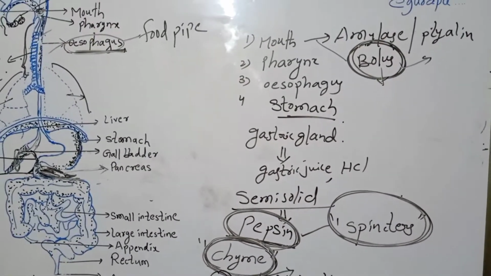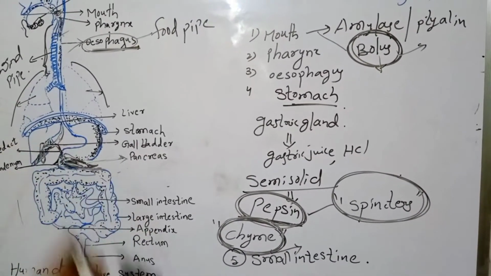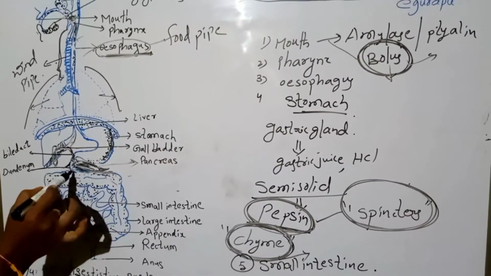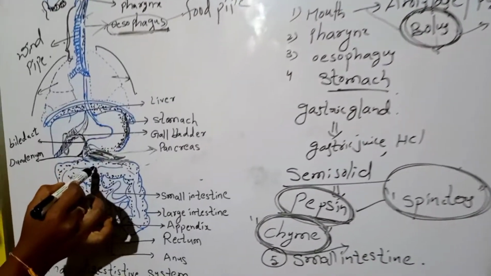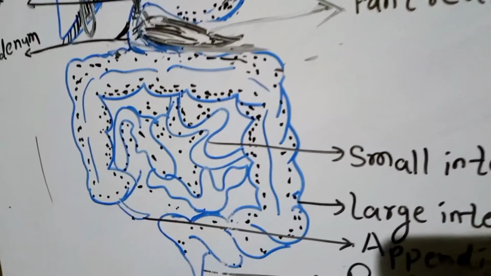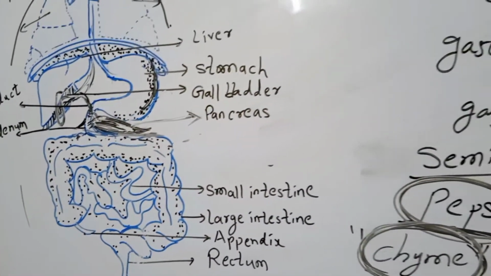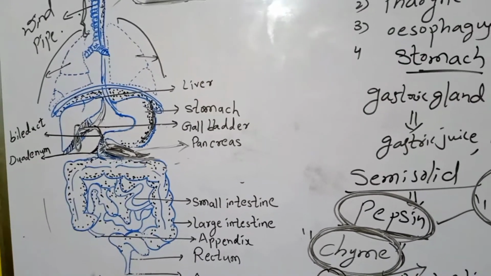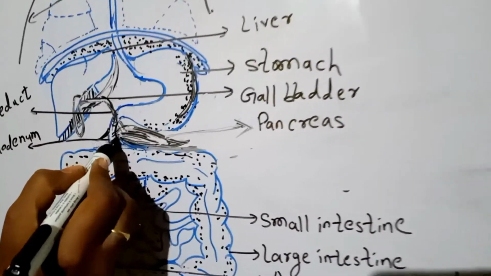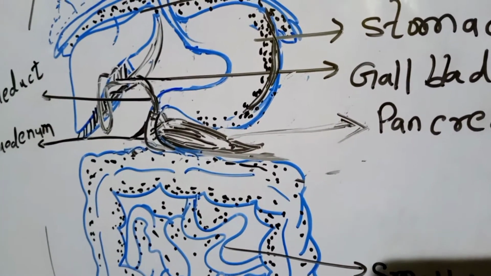The small intestine is the longest part of the alimentary canal. See children, this is the small intestine. This is the longest part of the alimentary canal. Its proximal part is called the duodenum.